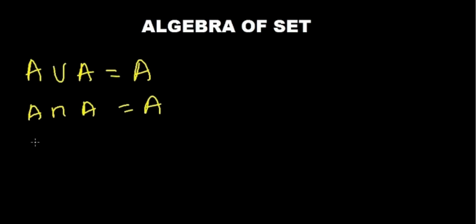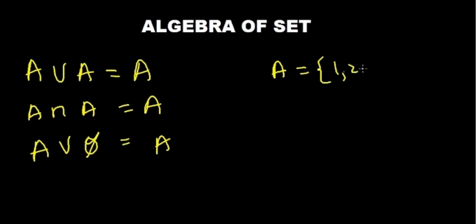Now A union an empty set will still give you A. Just like you have a set A, 1, 2, 3, let's just stop at 3, and there's an empty set here, that means there's nothing inside, and you want to do the union. It's just like you are still rewriting 1 to 3, so that's still A.